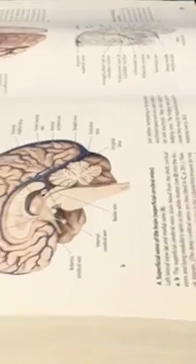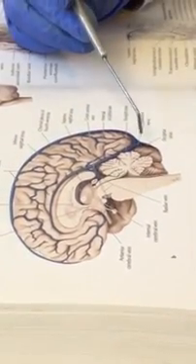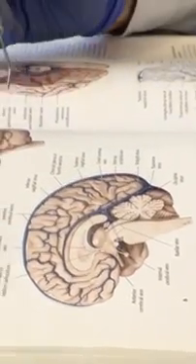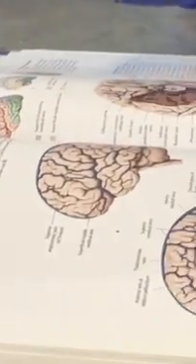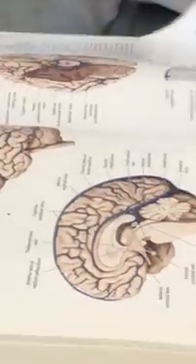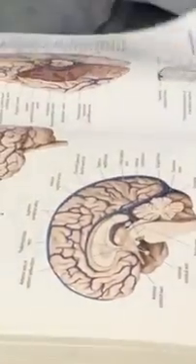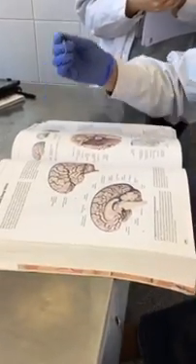This is where they flow away, and the transverse continue into the sigmoid sinus, which leads down to the internal jugular vein, which starts from the jugular foramen. So this would be the major.